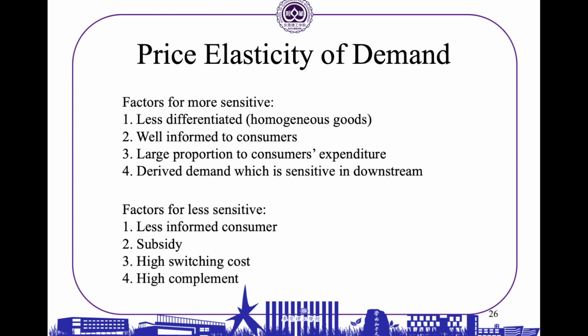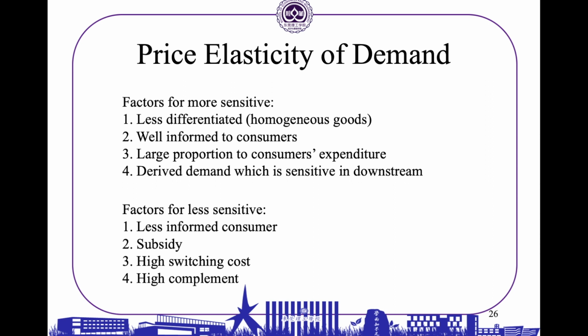There are some factors that tend to make demand more elastic, say: 1. Less differentiated, or the goods are homogeneous in the market. 2. Well-informed consumers. They know where to buy and what the substitutions are. 3.